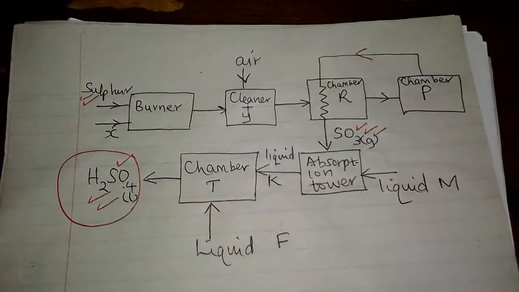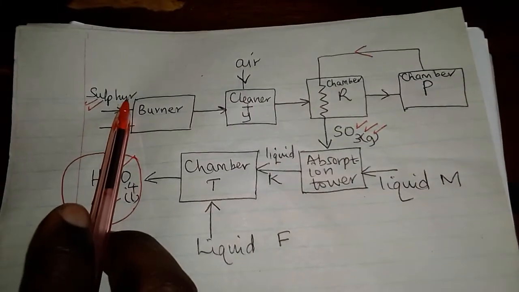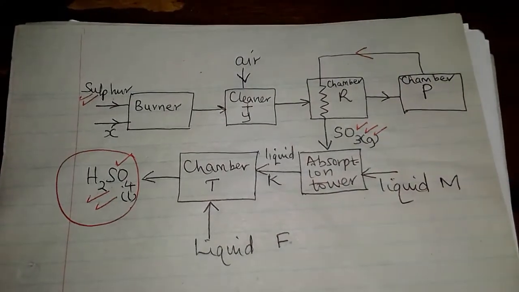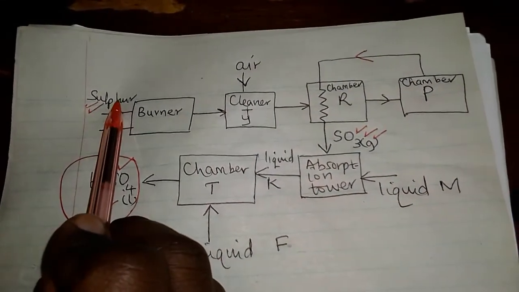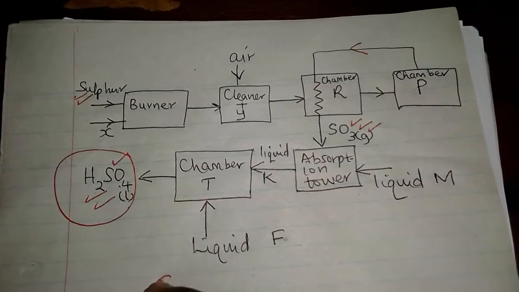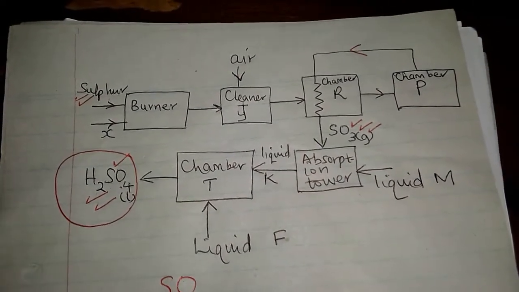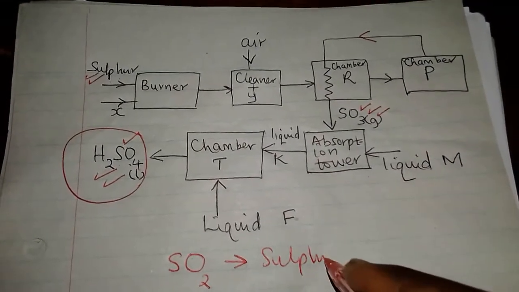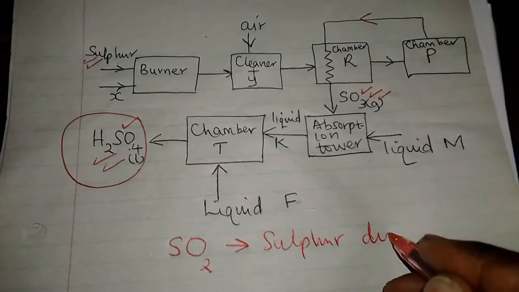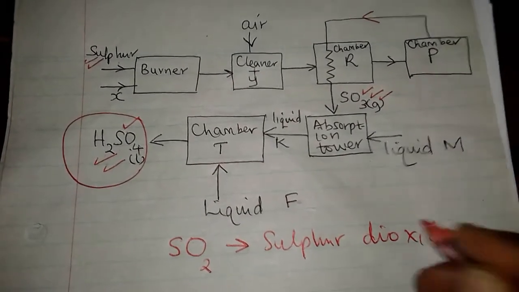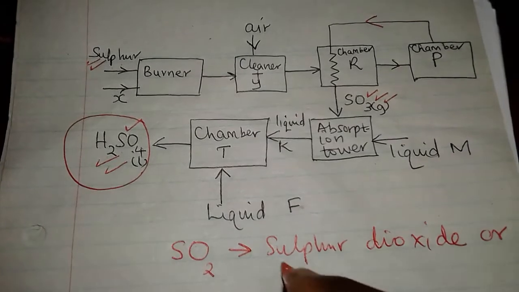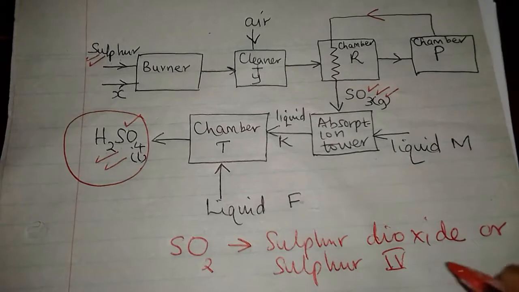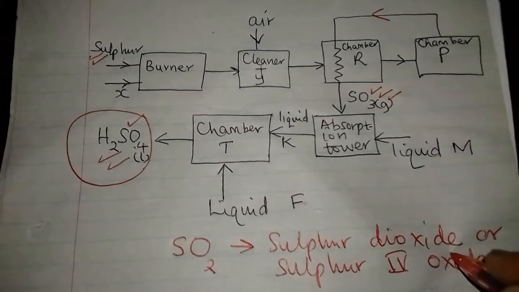So we are supposed to ask ourselves, sulfur has to undergo combustion with something else. Industrially, we always need to get a gas referred to as SO2. This one is referred to as sulfur dioxide, or it is also called sulfur 4 oxide, SO2.